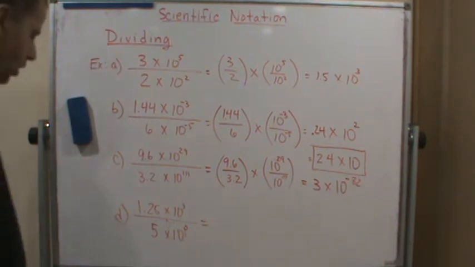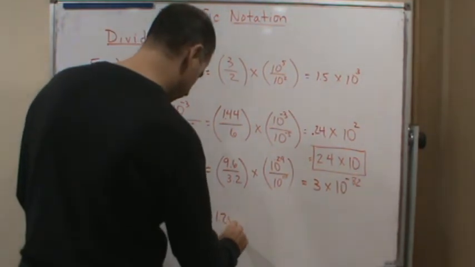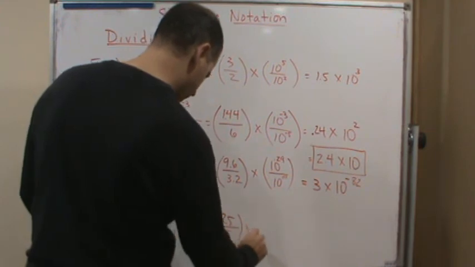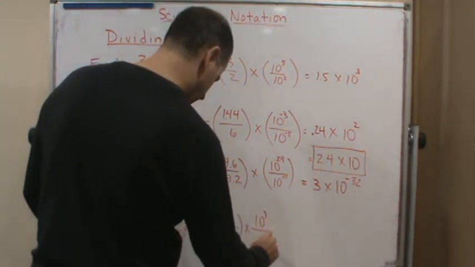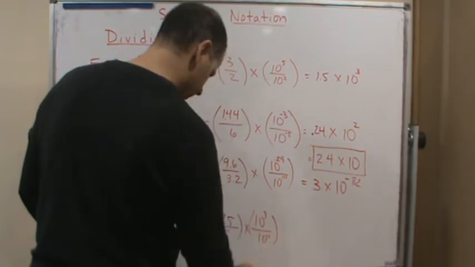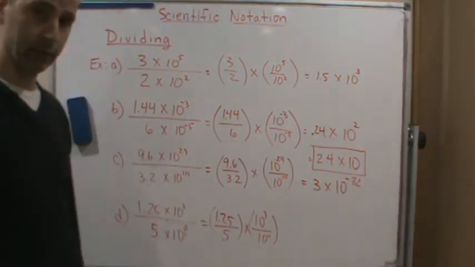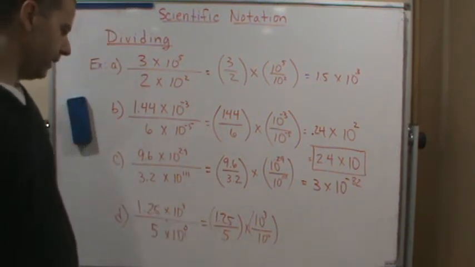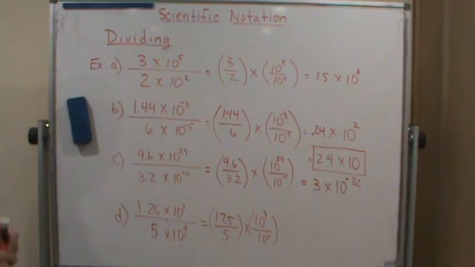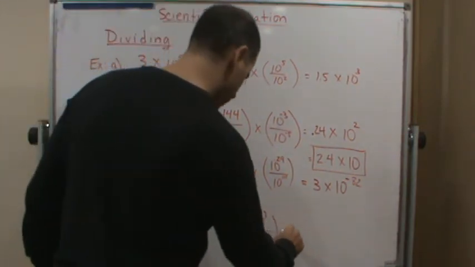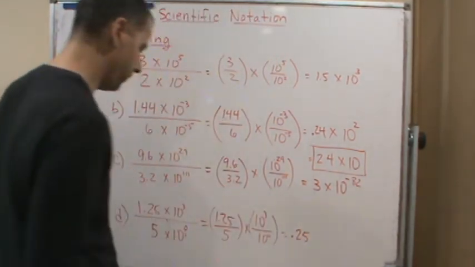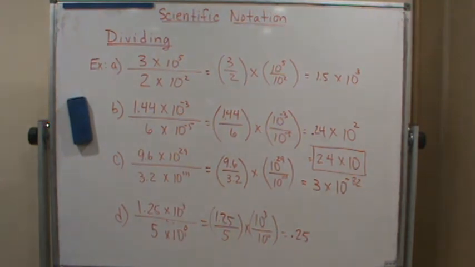Okay? So if I rewrite this, this is going to be 1.25 divided by 5 times 10 to the third over 10 to the 0. Again, or you could just put 1 here. Okay? And then 1.25 divided by 5 is going to be 0.25. Okay?